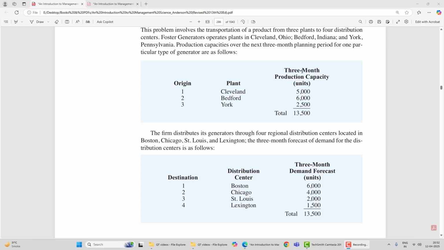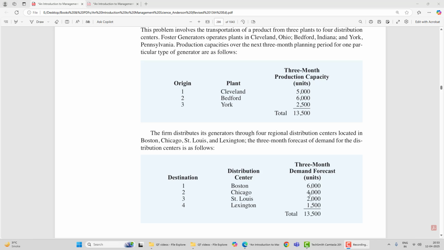And plants have capacity, so here they are considering 3 month production capacity. For example, Cleveland plant has 5,000 units capacity, Bedford has 6,000, York plant has 2,500, total 13,500 is our production capacity. On the other hand, distribution center requirements, or demand forecast, are given here.